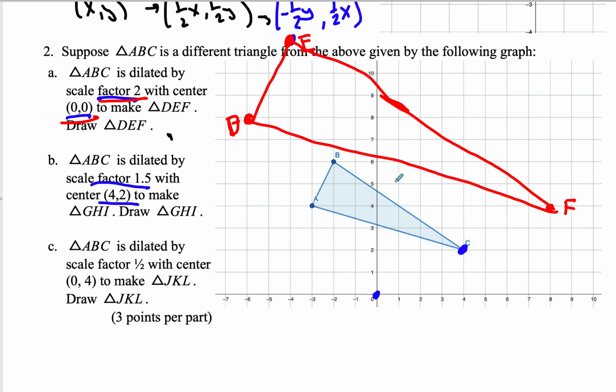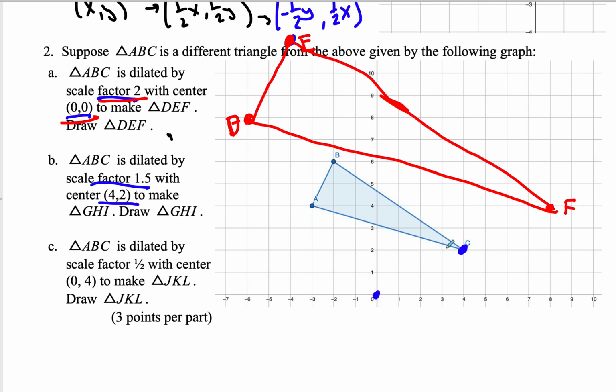Notice I didn't specifically say C, but C is the point of dilation. So C is not going to move at all because it's getting 1.5 times farther away from C, but the distance between C and C is 0. So getting 1.5 times farther from 0 is 0, right? The point doesn't move. So C remains as is.